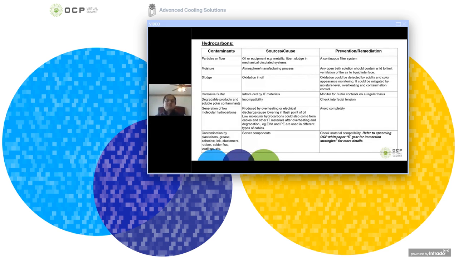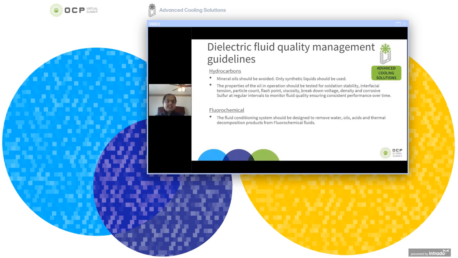Also, if there is a pool of these contaminants at certain locations in the hardware, it can create some material compatibility issues. All those issues can be prevented by the proper measures and steps taken by the solution provider.